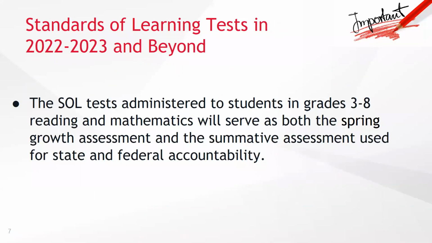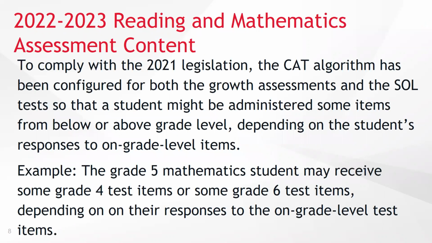Similar to last year, the regularly occurring SOL test in grades 3 through 8 reading and mathematics will continue to serve as both the spring growth assessment and the summative assessment used for accountability. The legislation that added these growth assessments to the Virginia Assessment Program also requires that test items above and below a student's current grade level be available as part of the computer adaptive test.